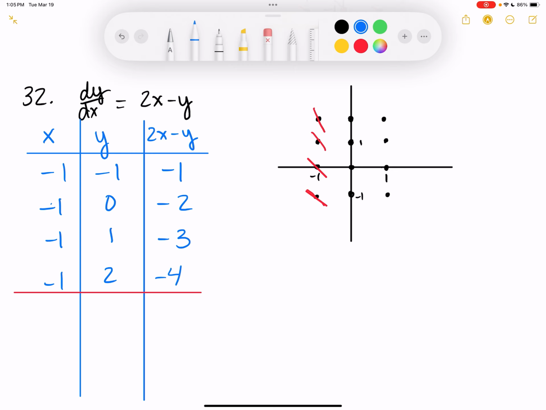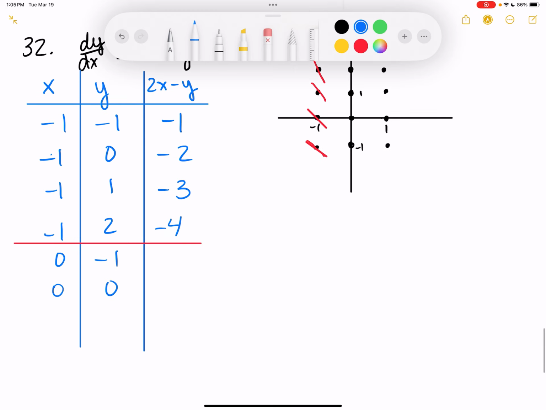All right, and then let's do 0, -1, 0, 0, 0, 1, and 0, 2.